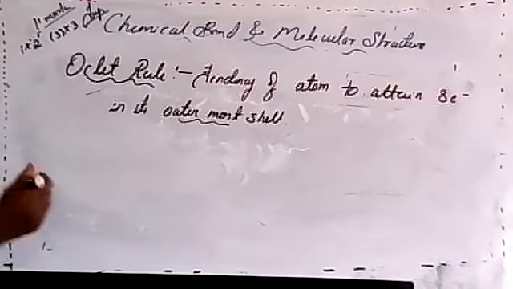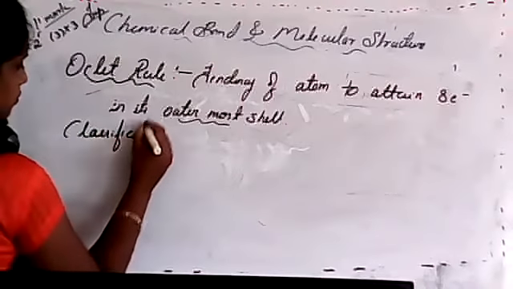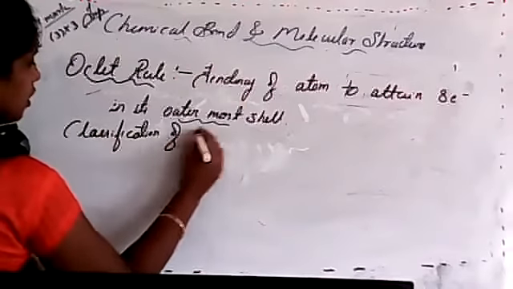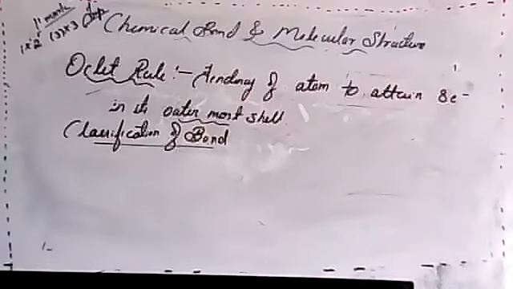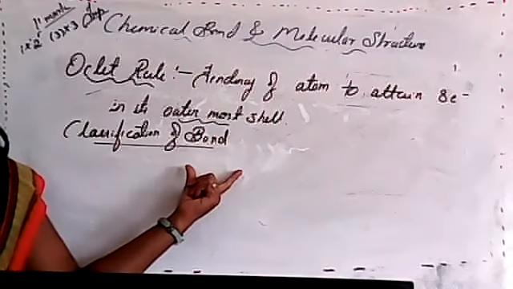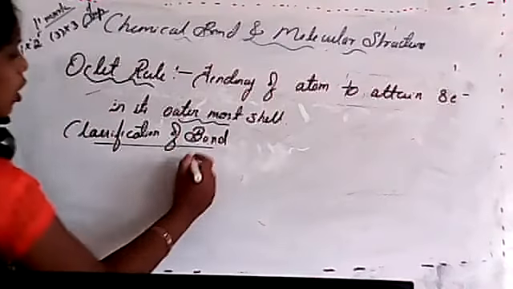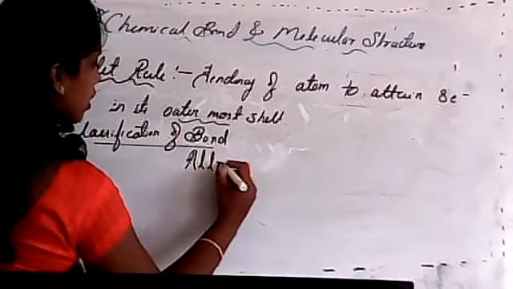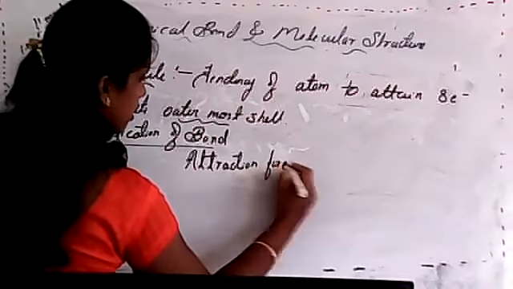So next one is classification of bonds. What do you mean by bond here? Bond is nothing but attraction force. So now, classification of bonds, again by using attraction force itself.